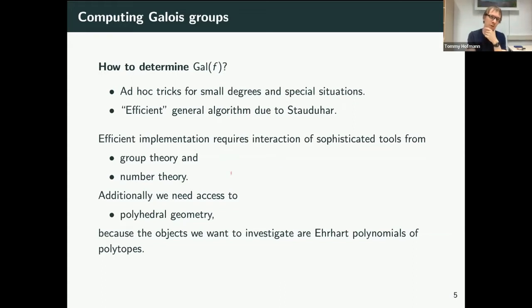So we will have to use tools from group theory and from number theory. And these tools are, let's say, non-trivial, quite sophisticated things that you have to do, but you have to have both of them available.